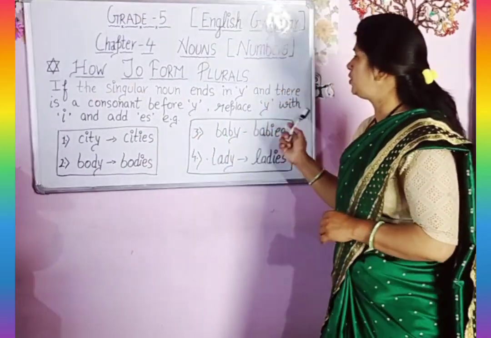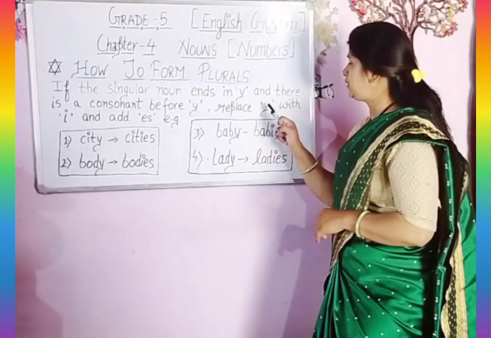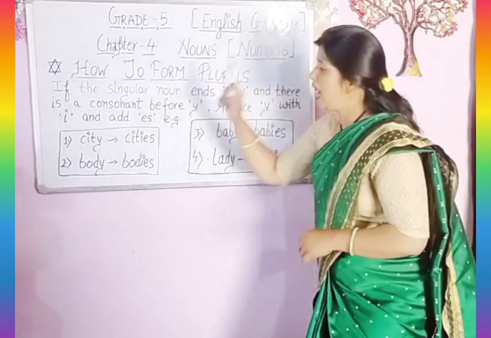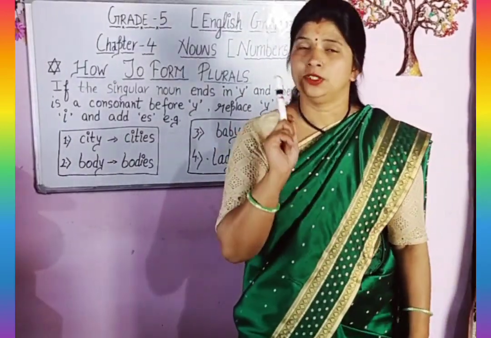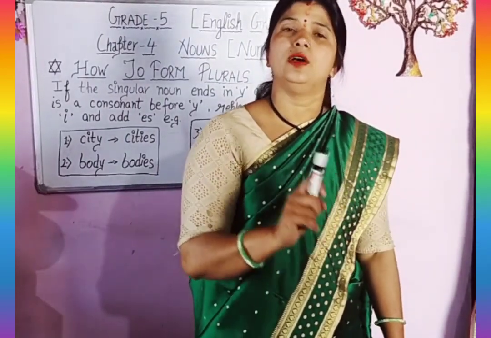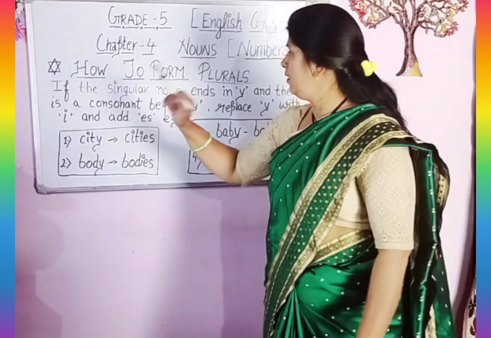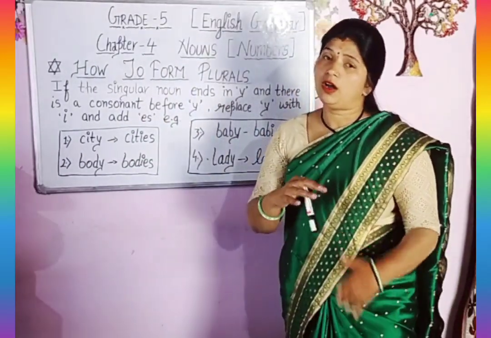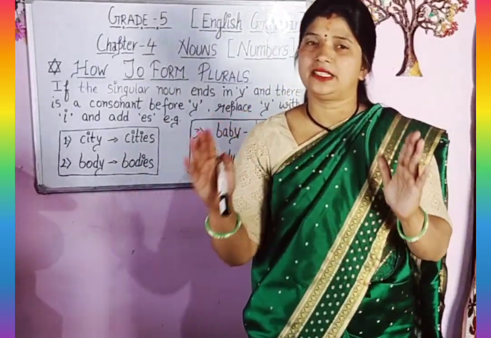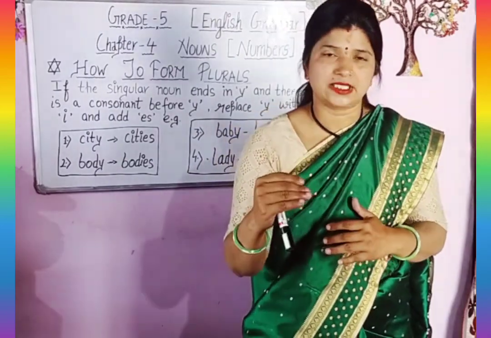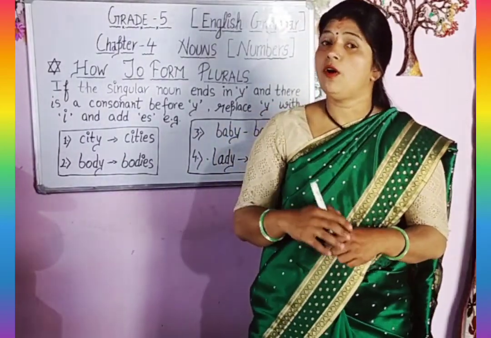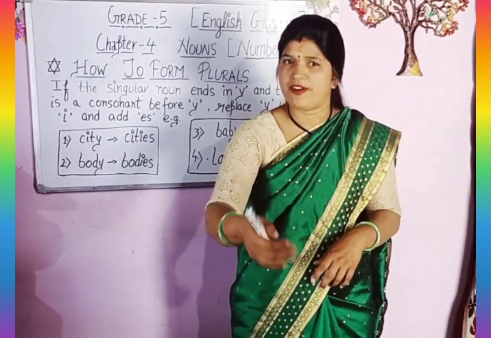What will we do? We will replace Y with I. हम जो last में Y है उसकी जगह we will put I over there, and we will add ES. Okay, understood? So we will understand with the help of an example.